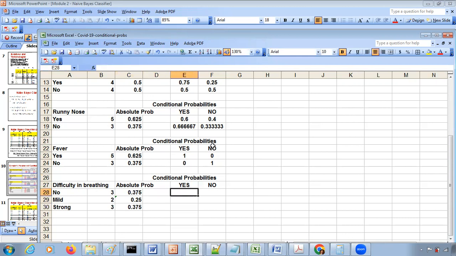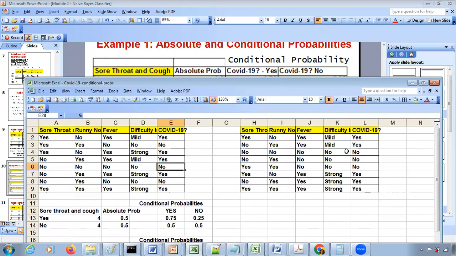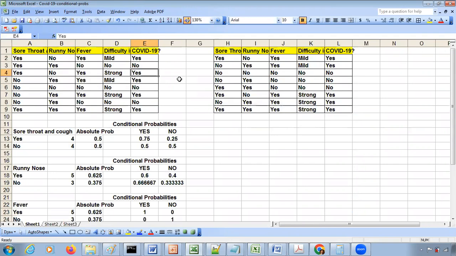So now the conditional probabilities, out of those 3 records that have no for difficulty in breathing, how many have S for COVID? None of them. All the 3 are no. So that means this is going to be 3 over 3, and this is 0 over 3. Out of the 2 mild cases, both have S for COVID.